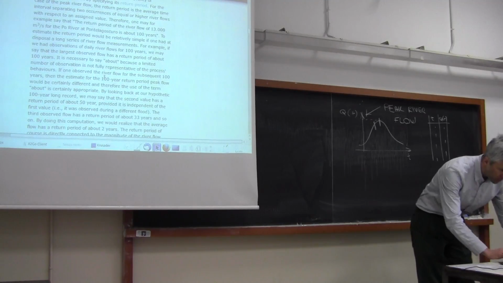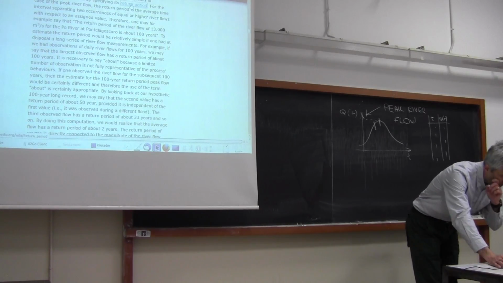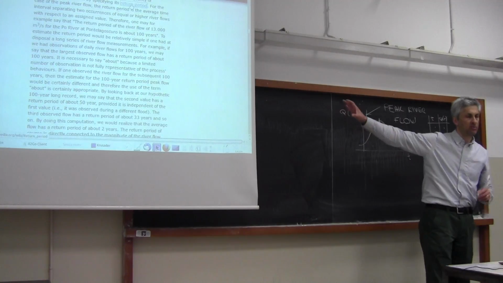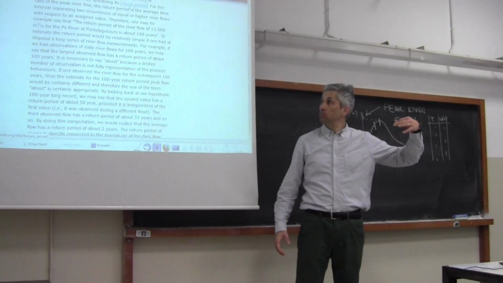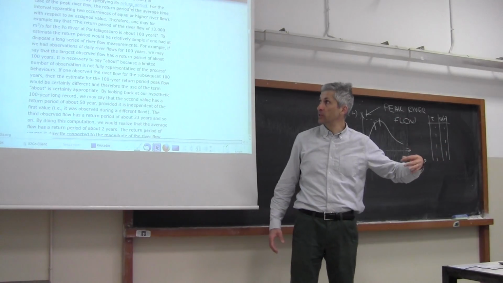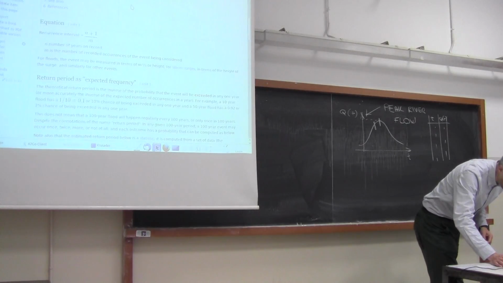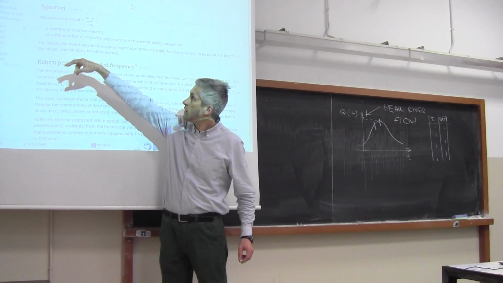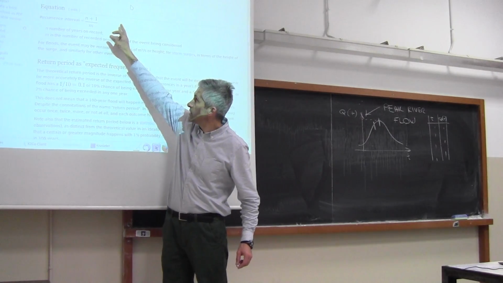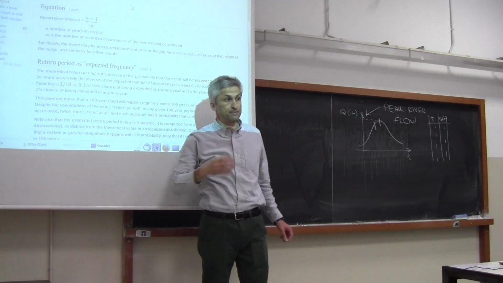And indeed, if you look at the Wikipedia page of the return period, they propose a formula, which is an analytical representation of what I just said. Here is the formula. n is the number of years in the record, and m is the number of recorded occurrences.